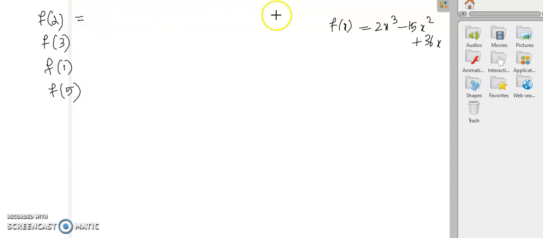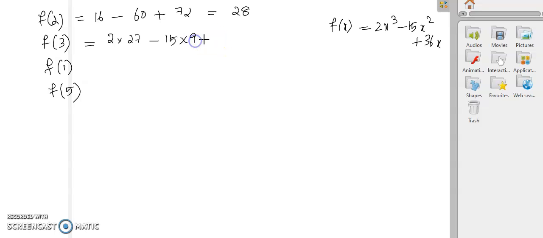So you will get 2 × 8 = 16, minus 60, plus 72, so that will be equal to 28. Now let us find f(3). That is 2 × 27 − 15 × 9 + 36 × 3. On solving you will get f(3) = 27.